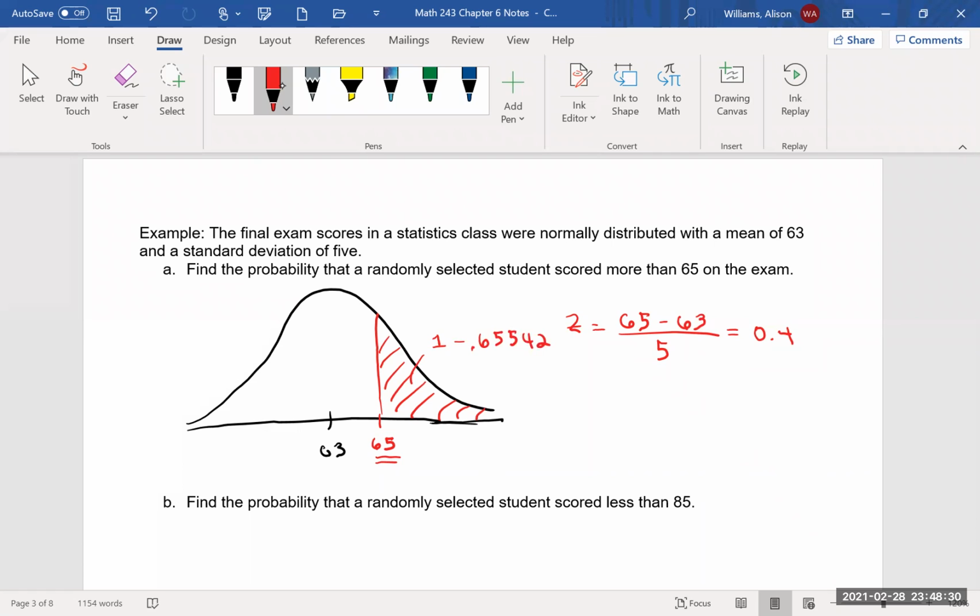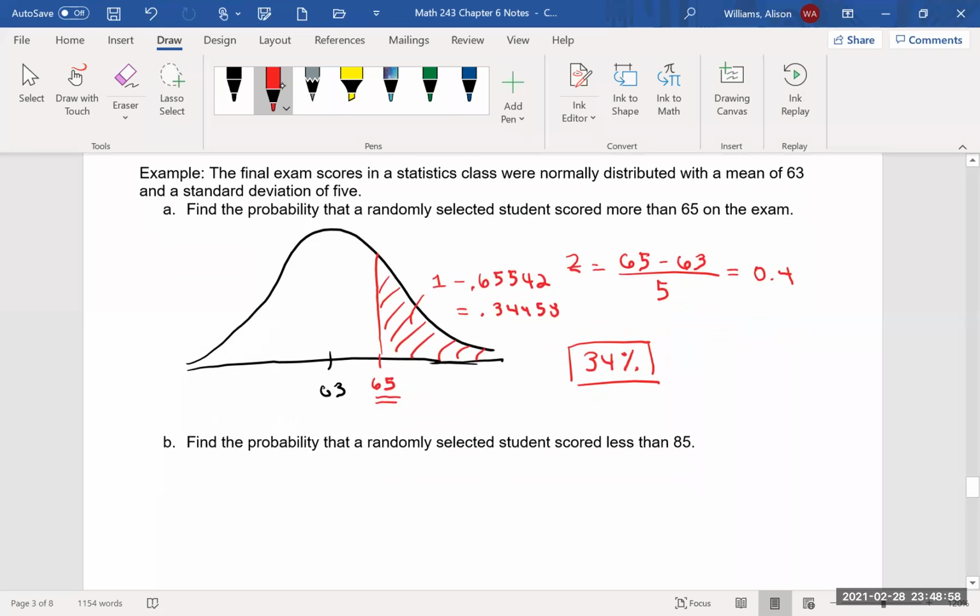So subtracting that from 1, I am getting 0.34458, or I could just say about a 34% chance. I'll just round it for answering the question, and of course, that depends on how they want you to round on the homework.